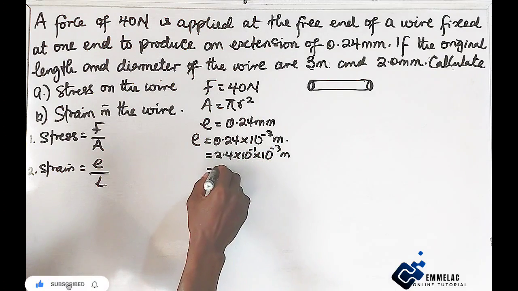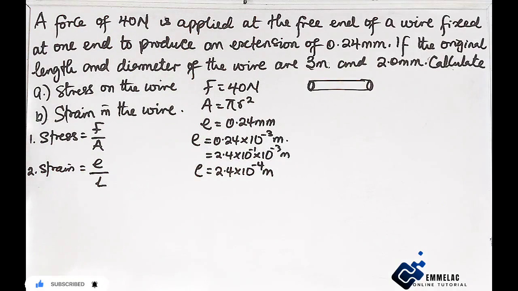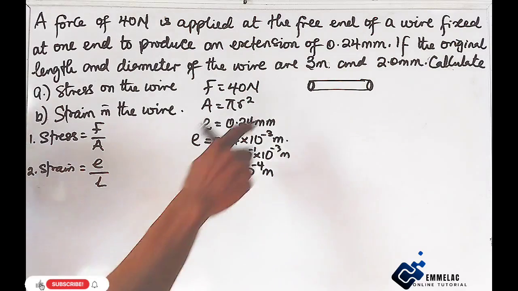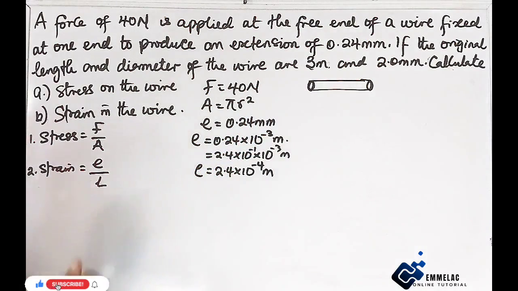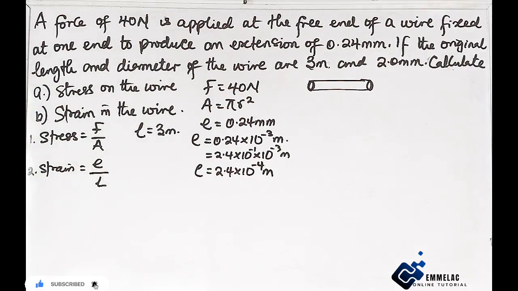So at the end of the day, you have 2.4 times 10 raised to the power minus 4 meter as the extension. Is there another thing we are given? The original length, which is L, is given as 3 meter.